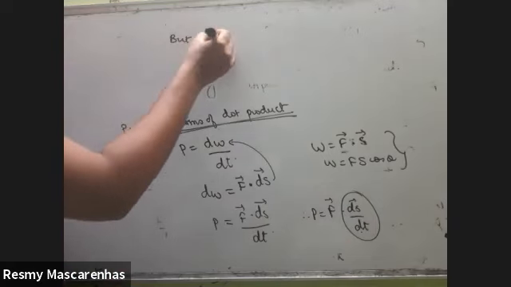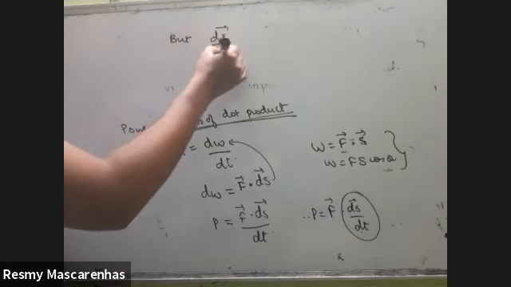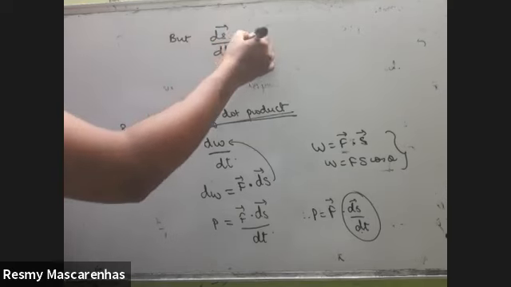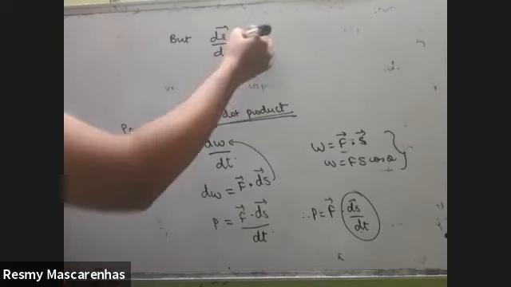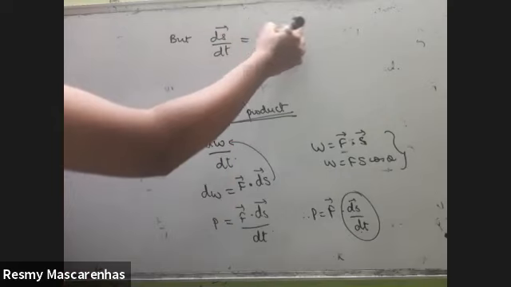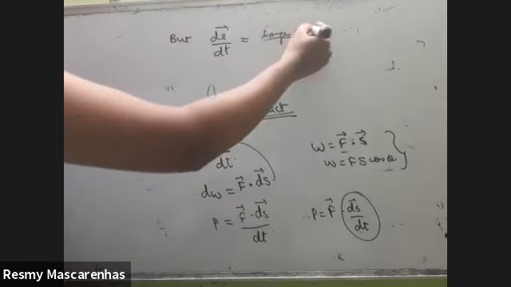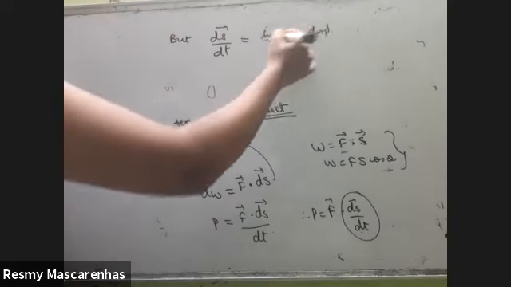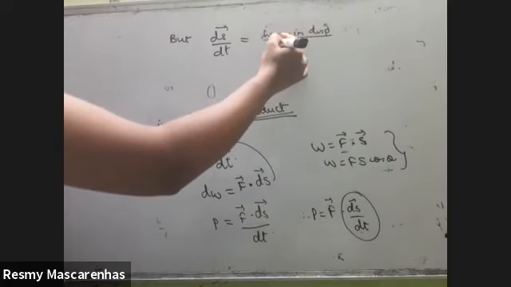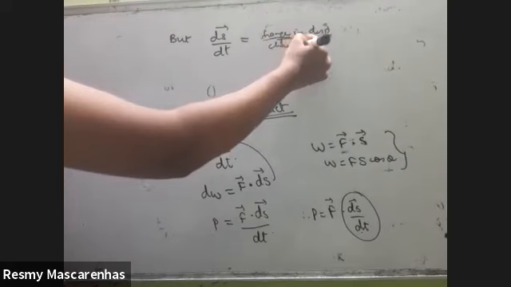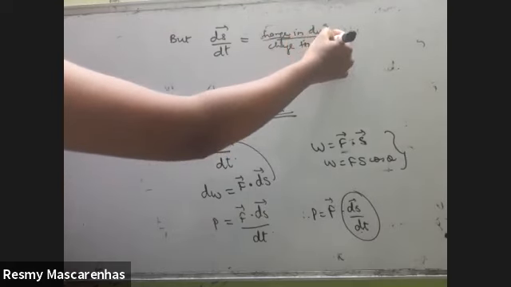But we know that ds upon dt is nothing but change in displacement upon change in time. You don't need to write this.